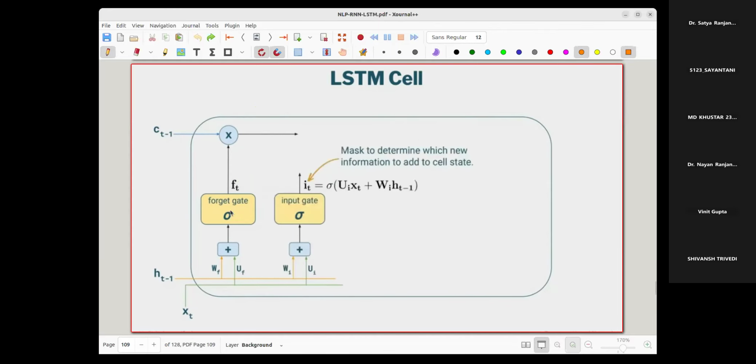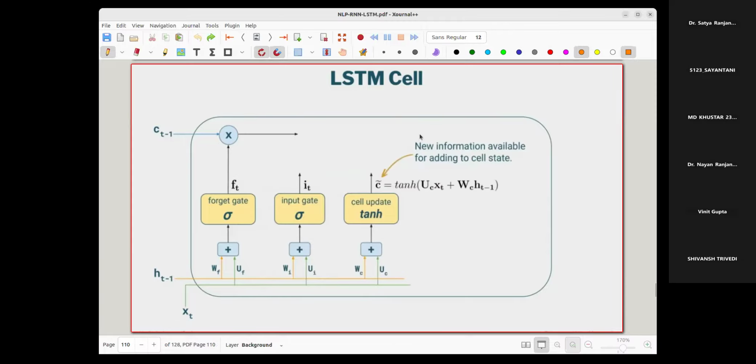Now there is another gate called the input gate. You can calculate the input gate in the same way, using Ui xt plus Wi ht-1. The input gate's job is that it also creates a mask. It will determine which new information from the input needs to be passed to the cell state.